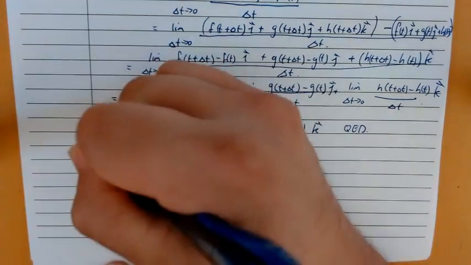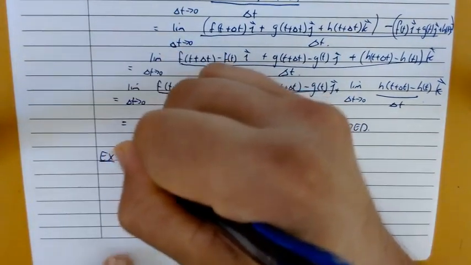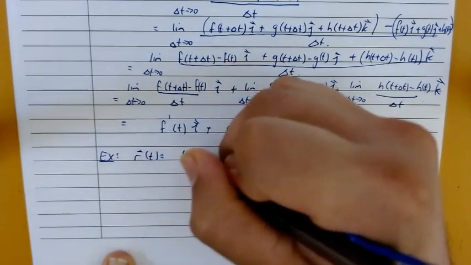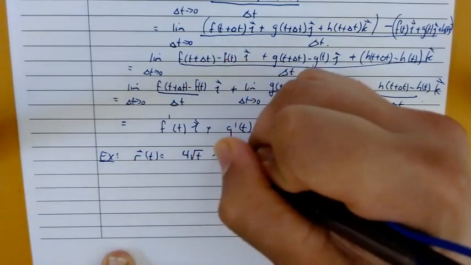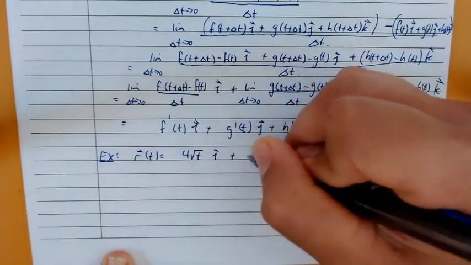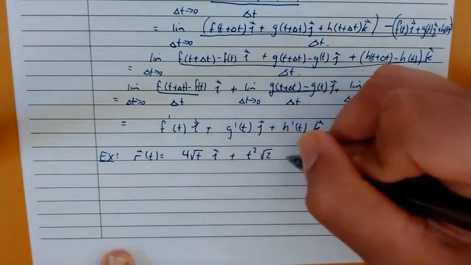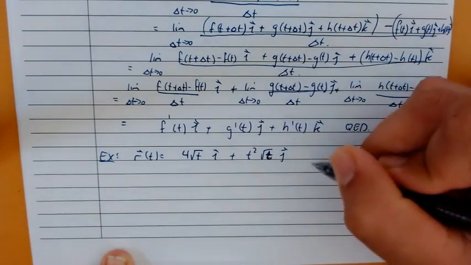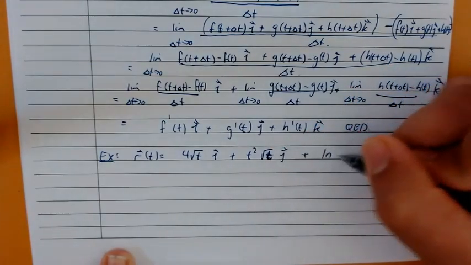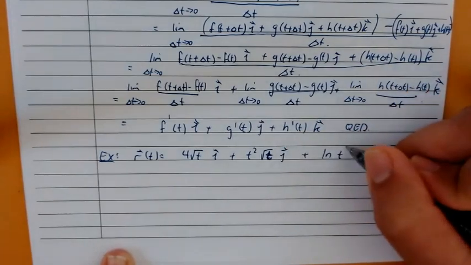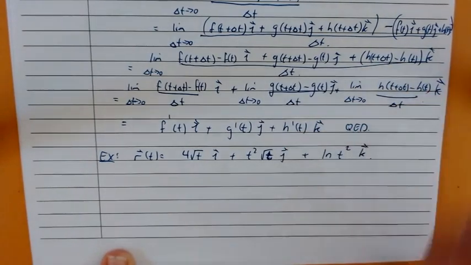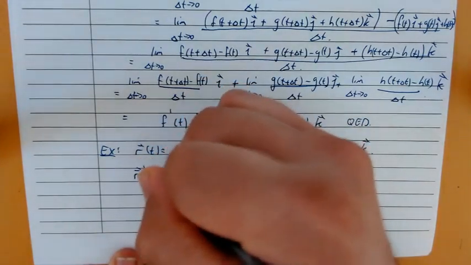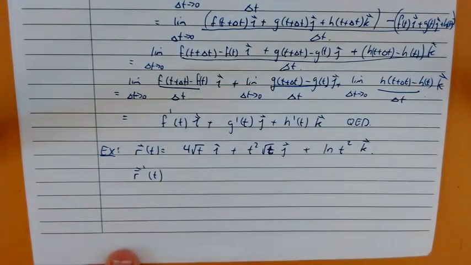So, for example, r of t, let's give that as 4 root t i plus t squared root t j plus the natural log of t squared k. To take the derivative of this vector-valued function, we would simply have to take the derivative of each of its components.